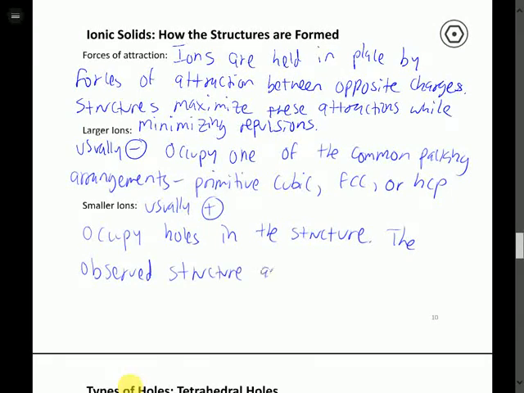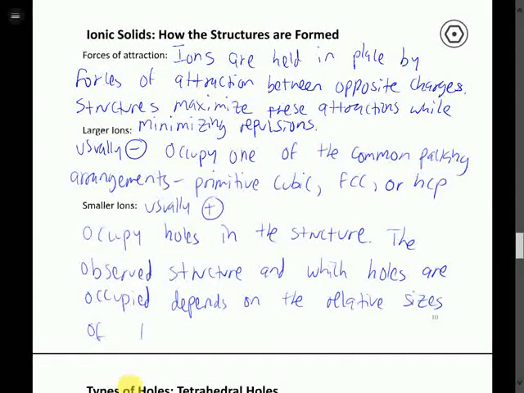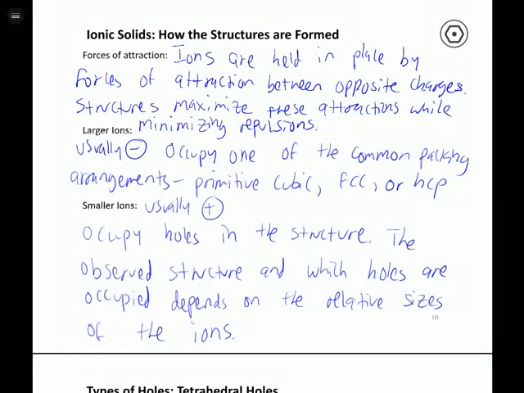So the observed structure and which holes are occupied depend on the relative sizes of the ions. Depending on how much bigger the larger one is, or the relative ratios of the two ionic radii, that's going to determine which structure forms and which holes in the structure are filled.